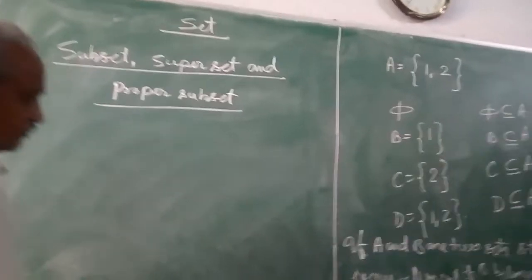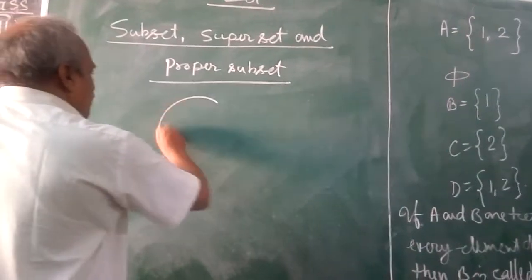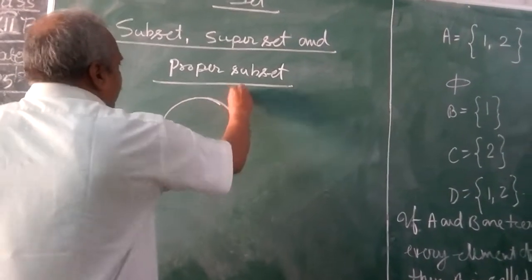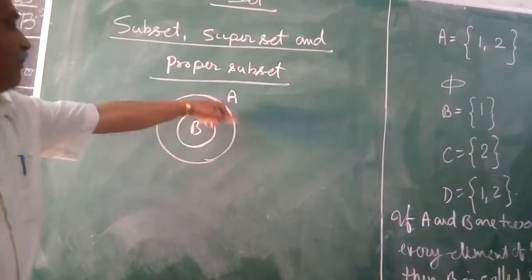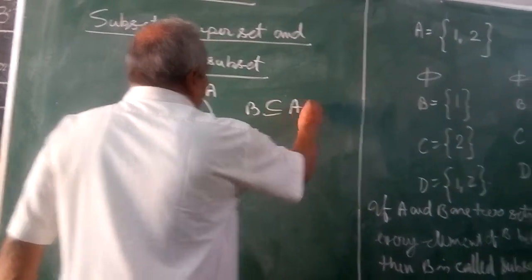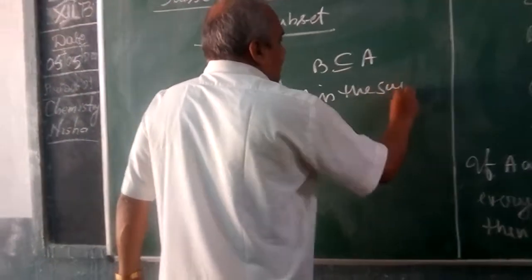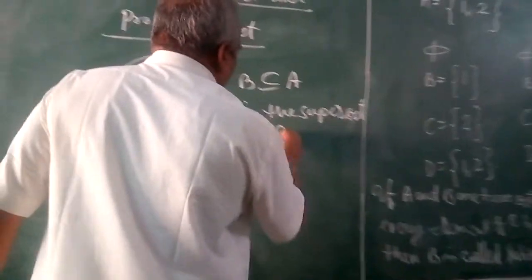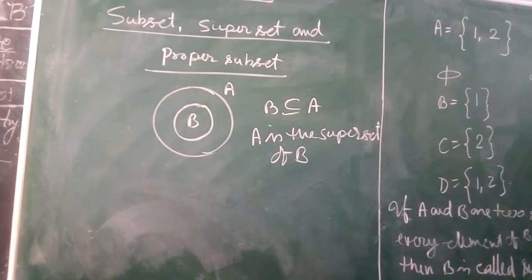Now, subset. If B is the subset of A, suppose it is A and it is B, obviously B is a part of A, then B is a subset of A and A is the superset of B. It is the concept of a superset.